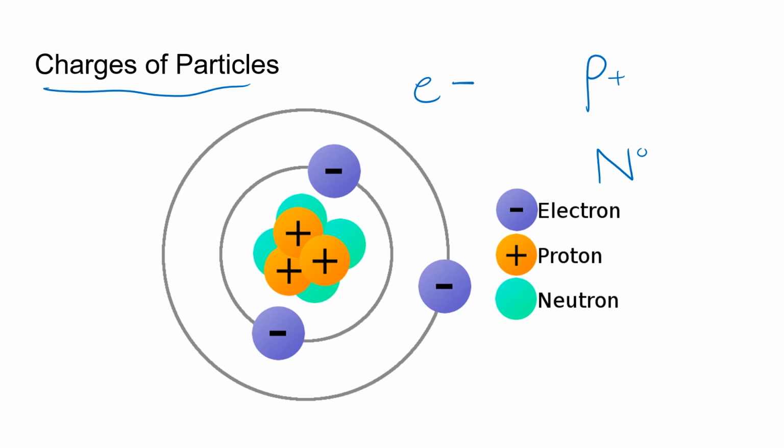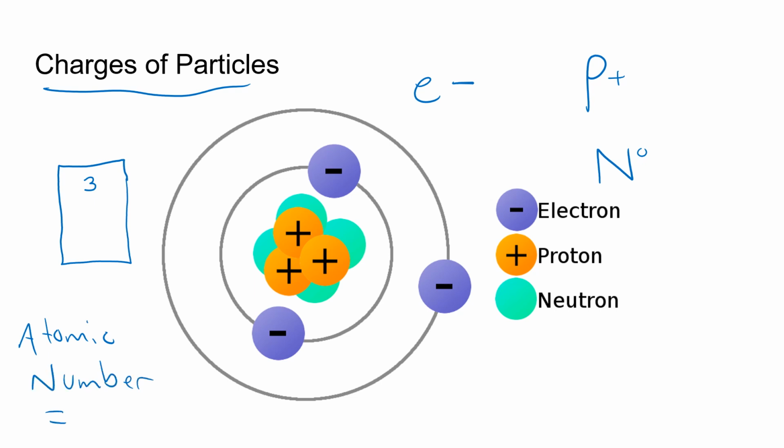Here's a great example of an illustration of an atom. Take a moment, pause, and ask yourself, what element are we showing here? You can use your periodic table to try to find that. If you look, you'll notice that you actually have 3 protons. And the atomic number is always going to be equal to the number of protons.